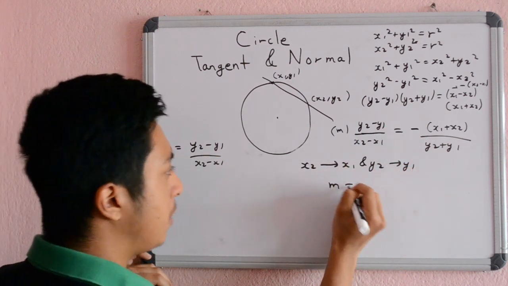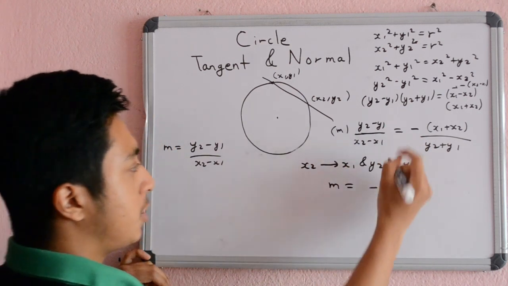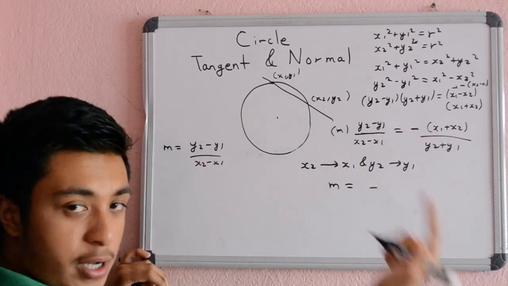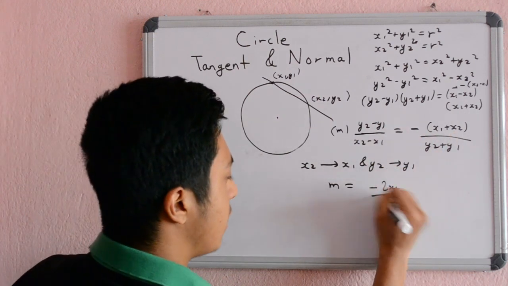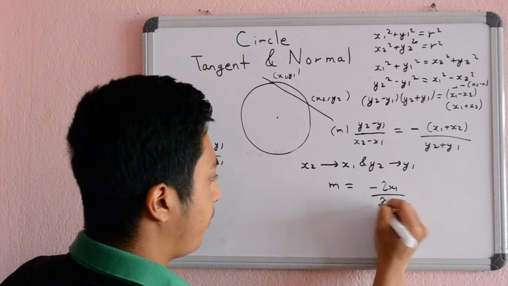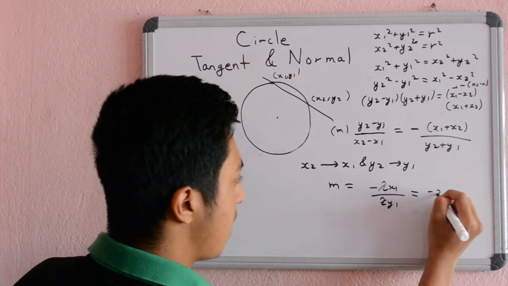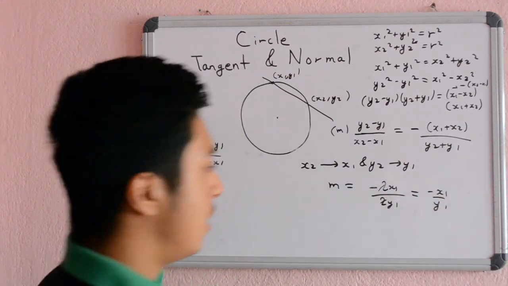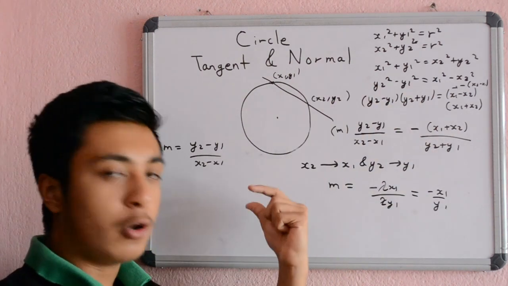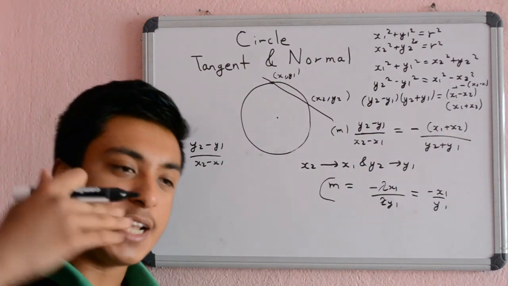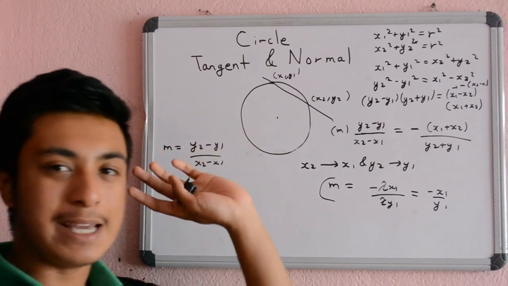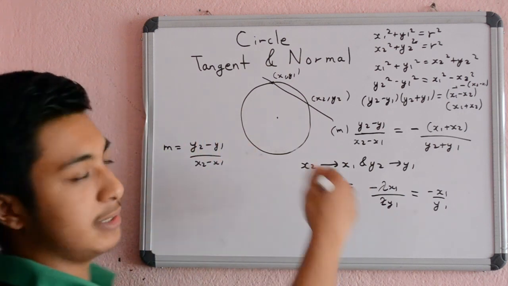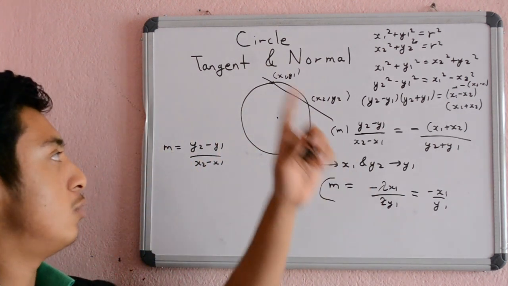So the slope equals minus x1 plus x1, which is 2x1, and below also 2y1. The 2's cancel, giving minus x1 by y1, which is the same as before, and you use the equation of tangent again and you'll get the same answer because this is the same slope. And let's move on to the normal.